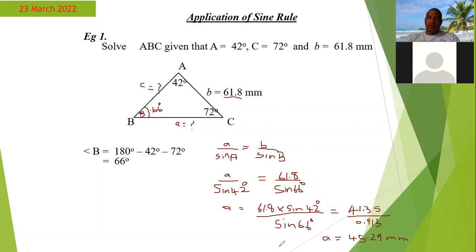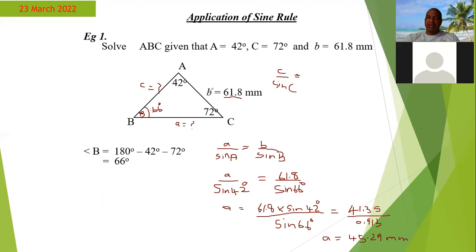Now, after we have found A, then the next element that we have to calculate would be C. And so we would calculate for C in a similar way. We would put the side C over the sine of the angle C. So since we are finding C, we could say C over the sine of the angle C. Then now what we need to do is use one of these.